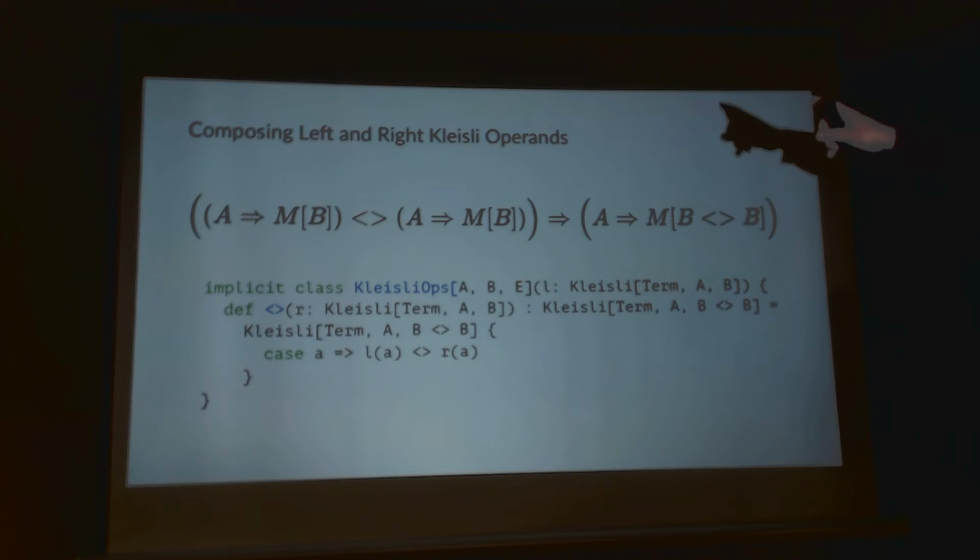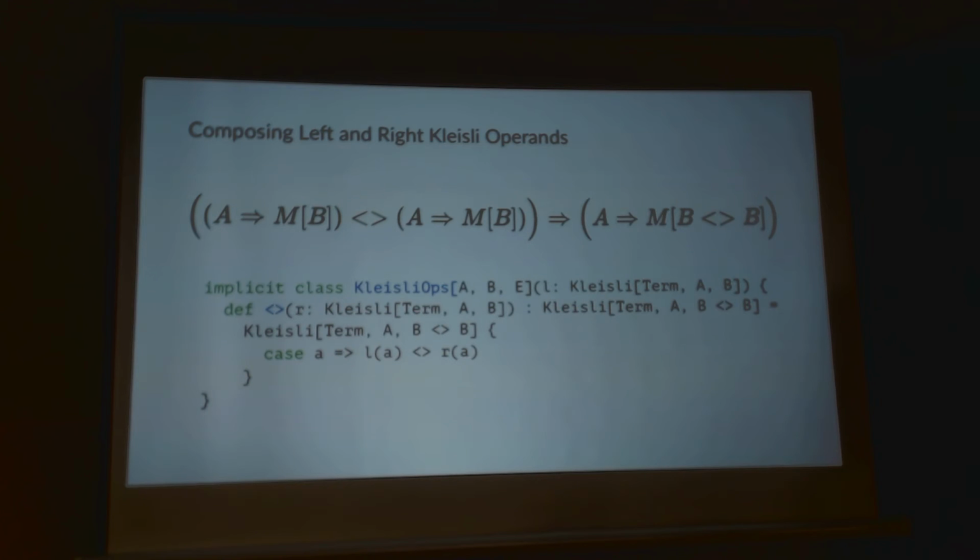Let's say we have a function lifted into a Kleisli, A to M B, and another, A to M B, diamond. So two functions on the left and right side, and the result we want to give is A to M B diamond B. This is how you would do that.